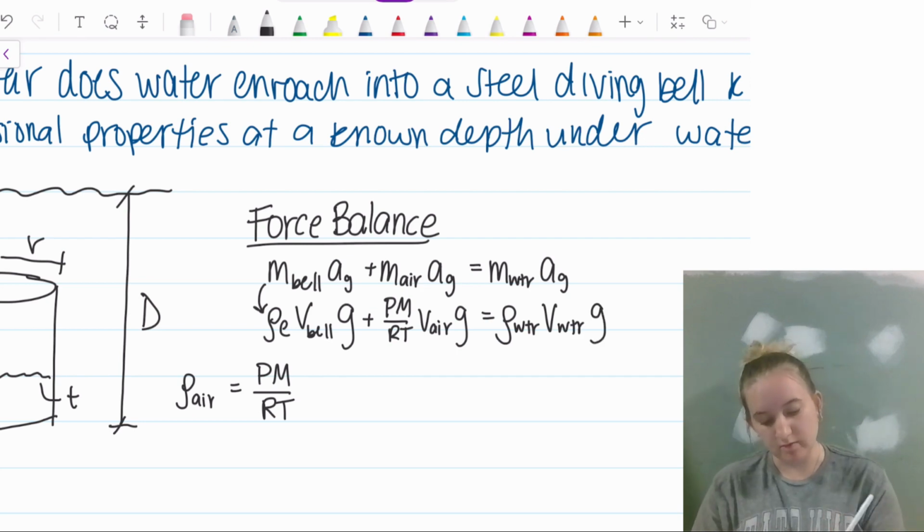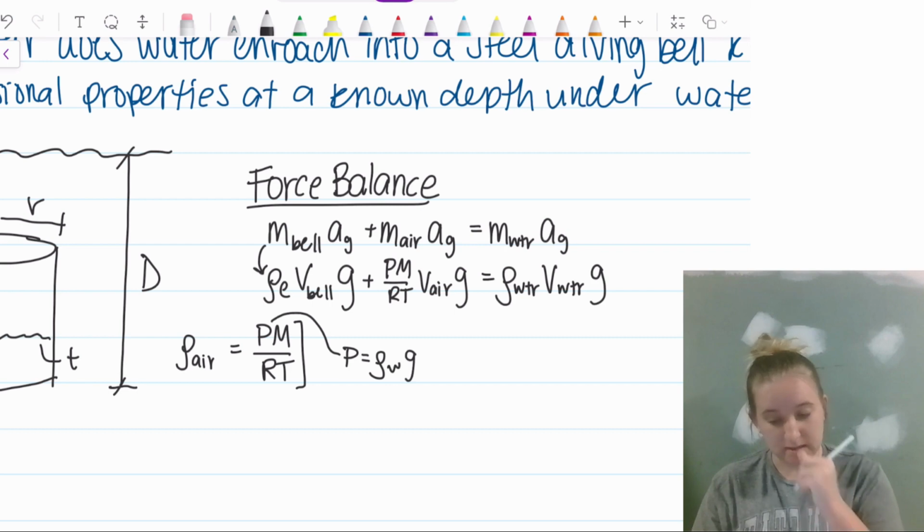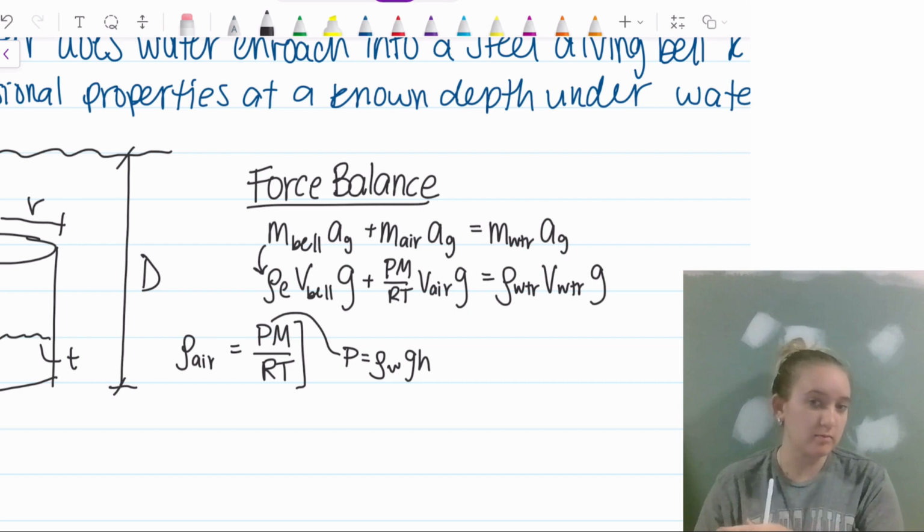But then we want to simplify this PM over RT portion. We know that P equals density of water times G times H, which was found previously, or in past videos.